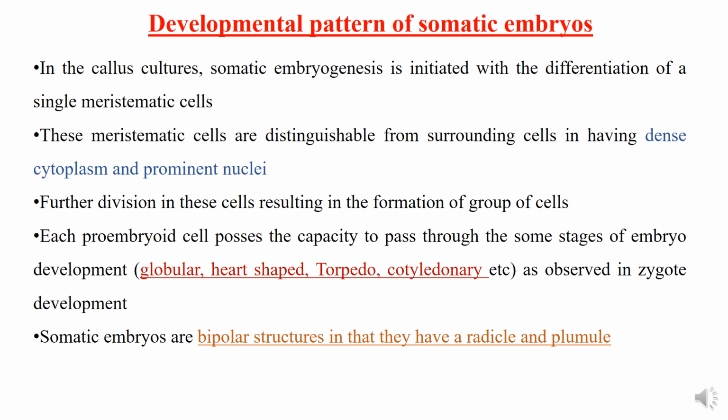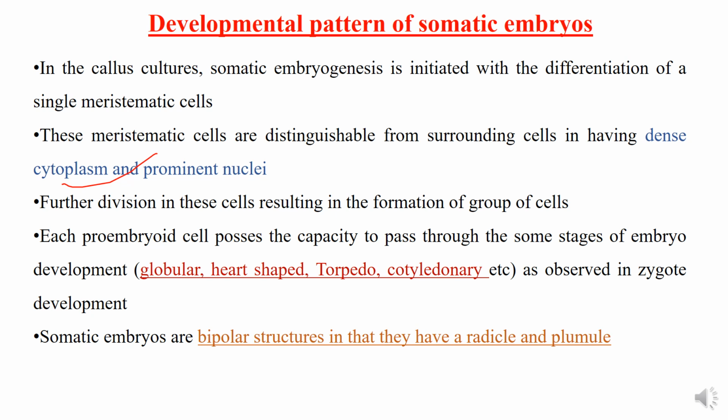So in callus cultures, how is somatic embryogenesis initiated? With the differentiation of single meristematic cells. First, a single meristematic cell, which is in a multiplicative phase, will differentiate to form a callus, and these meristematic cells are distinguishable from surrounding cells because they have dense cytoplasm and prominent nuclei.